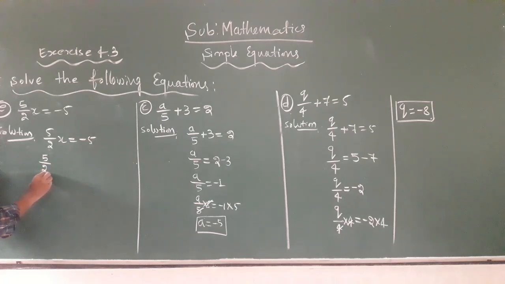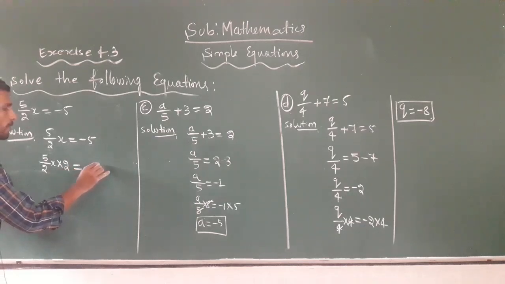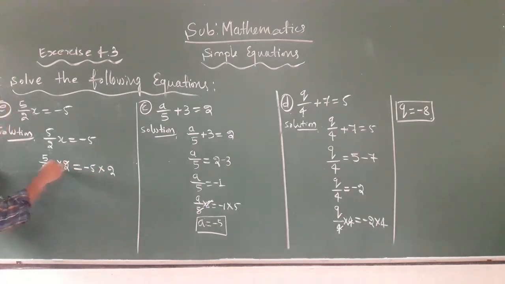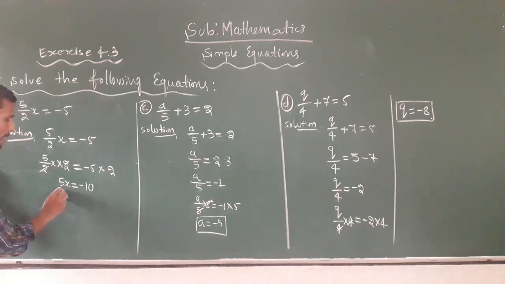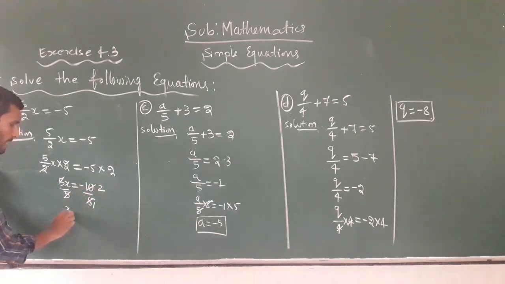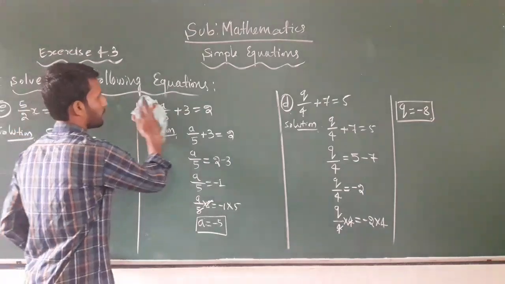Now 5 by 2x into 2 is equal to minus 5 into 2, 2 will be cancelled here. We are getting 5x is equal to minus 5 into 2, minus 10. Now here also we have to divide by 5 on both sides. When we divide, 5 will be cancelled. 5 1s are 5, 5 2s are 10. x is equal to minus 2. This is the solution.